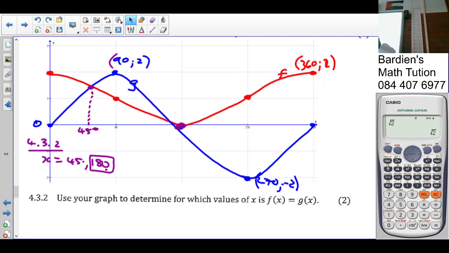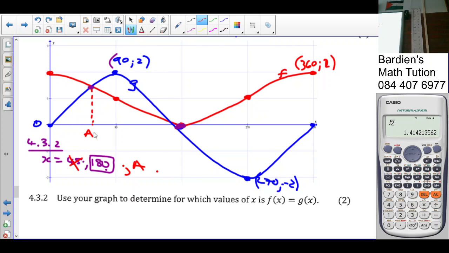So you are right by saying that it can't be 45. However, this is another point here, whatever point A is. In the memo, what did we say it was? 180. Okay, so that is the only point you could have actually got.